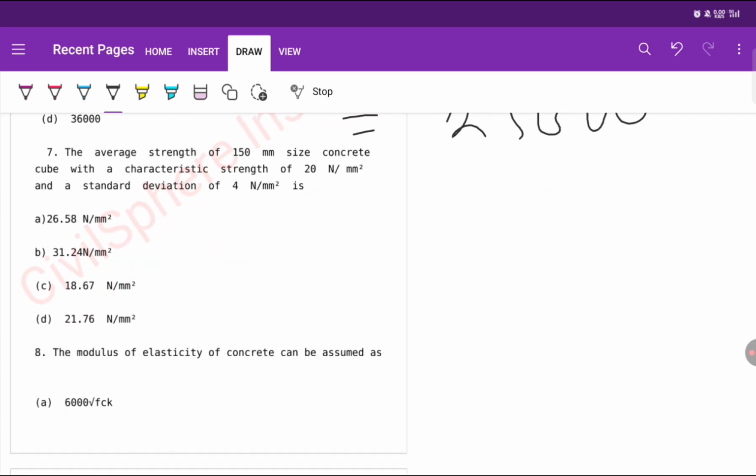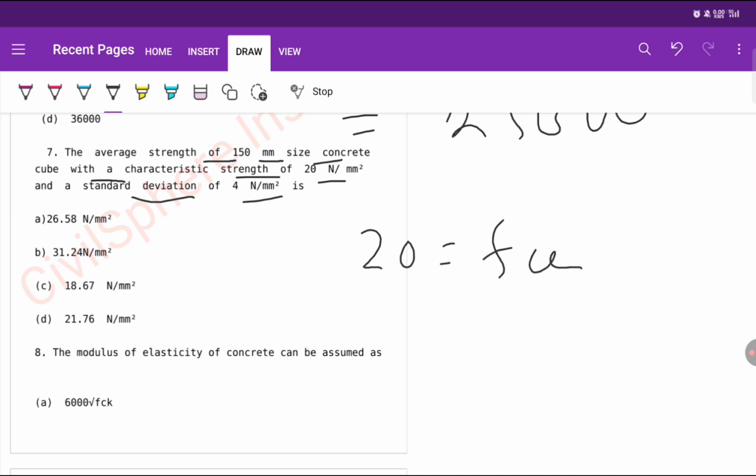Coming to the next question, the average strength of 150 mm size concrete cube with the characteristic strength of 20 Newton per mm square and a standard deviation of 4 Newton per mm square is. So the size of the cube for testing compressive strength is 150 mm, right? The characteristic strength after 28 days is 20, which is the value of FCK, right?